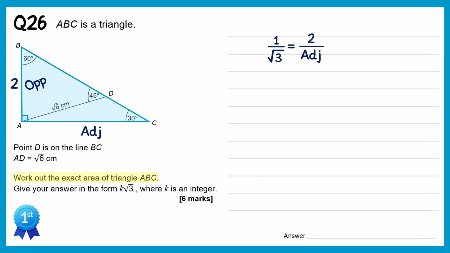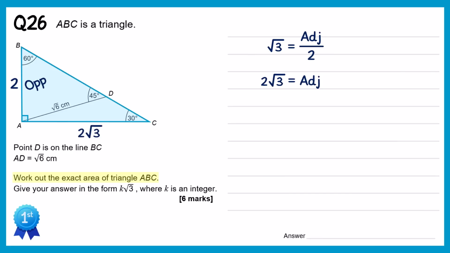Since both sides of this equation are fractions, we can take their reciprocals. So we end up with this. Square root 3 over 1 is just the same as square root 3, and then we can find the adjacent by multiplying both sides by 2. On the left-hand side, 2 times root 3 is 2 root 3, and on the right-hand side the 2's will cancel, so we just have the adjacent. So the adjacent was 2 root 3, which is the length from A to C.